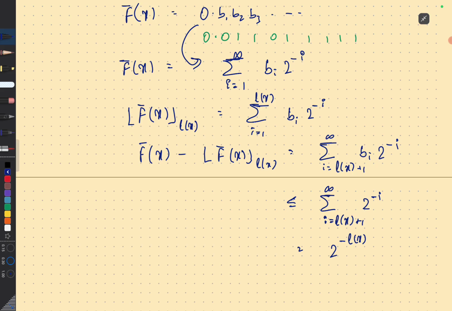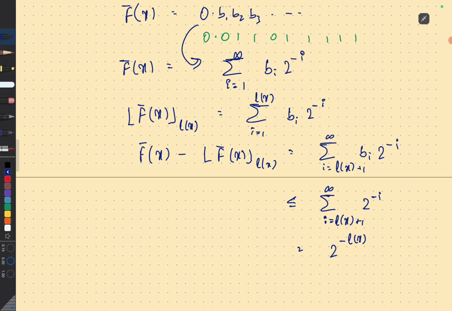Correct. So this is true not just for x prime equal to x plus 1, but in fact any x prime which is larger than x. The reason being, let's go back to the sequence of inequalities that we had. Suppose x prime is larger than x. It could be x plus 1 or x plus 2 or so on.